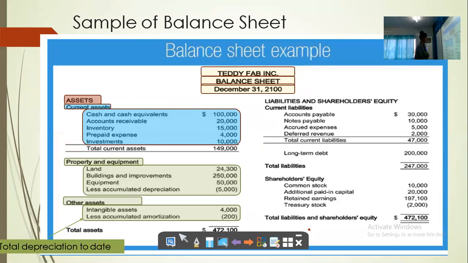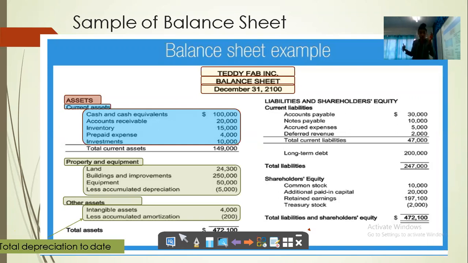Okay, now you may want to take note of something, maybe a small note you want to write somewhere. Total depreciation to date refers to the less accumulated amortization, meaning that you've bought some assets in your company, such as equipment or whatever they may be, and they have worn down over the years, so they will wear out in value, right?